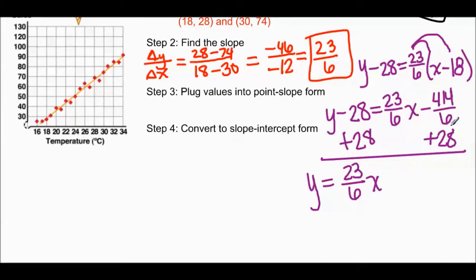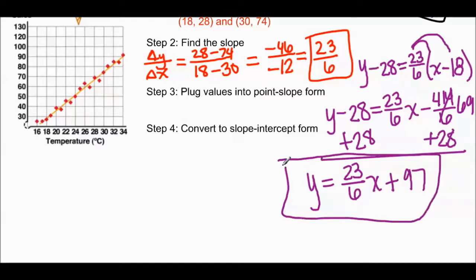Hey, it actually kind of came out even. So this right here was really 69. 69 plus 28 is 97. I cannot believe that came out as a whole number. Not so bad after all. There it is in slope-intercept form, ladies and gentlemen. Y equals 23 over 6x plus 97.